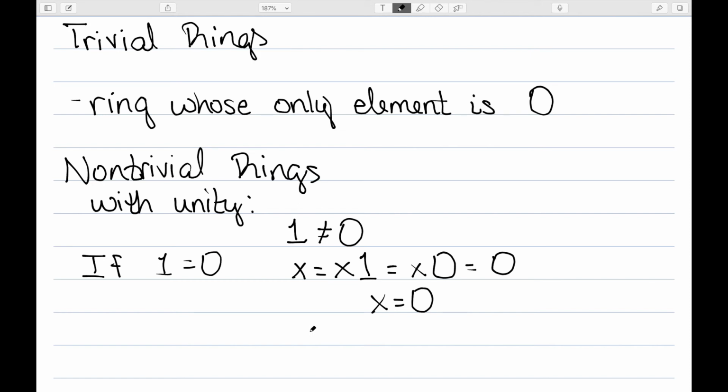So in other words, the only time 1 is equal to 0 in a ring with unity would be if every element in that ring is equal to 0. So 0 is the only element. It can only be a trivial ring. So provided it's non-trivial, if it has a unity, it cannot be the same as the additive identity.